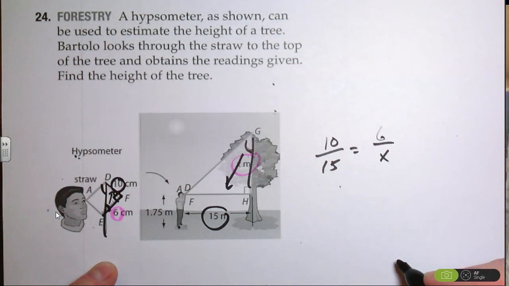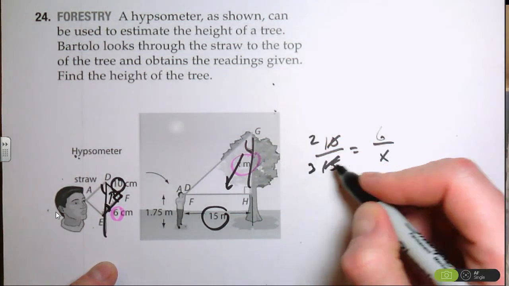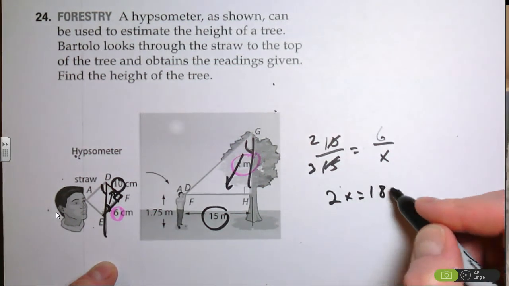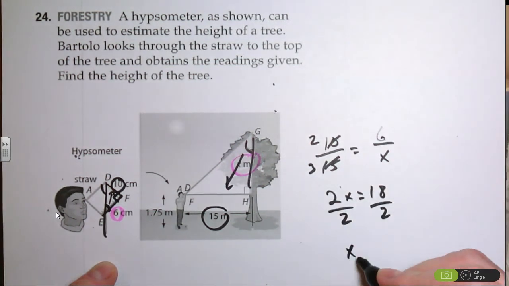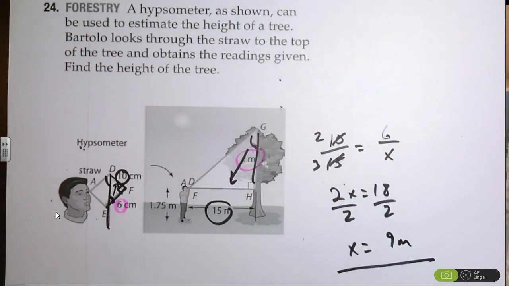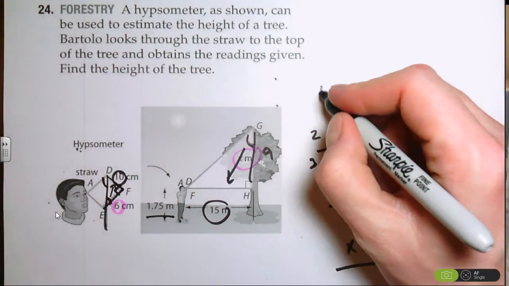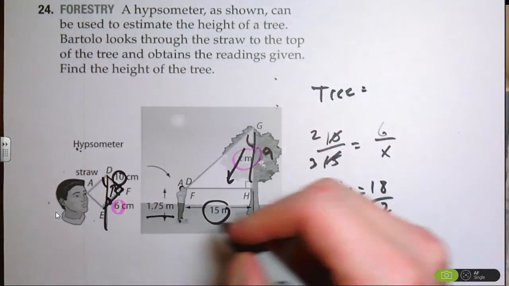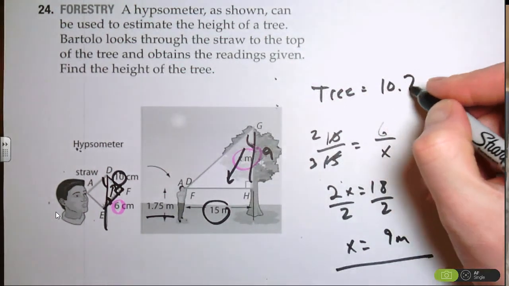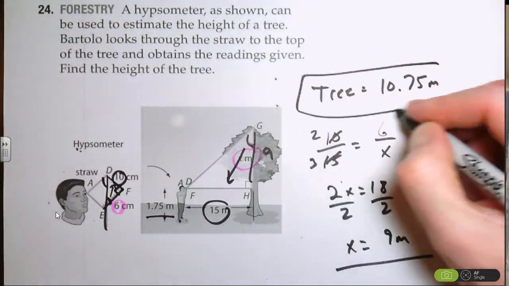And we can reduce this to 2/3. Gives me 2x equals 18. Divided by 2, x equals 9 meters. Now if you were to stop there, you'd be wrong. That's not the height of the tree. That's just this height right here, 9 meters. The actual height of the tree is 9 meters plus the 1.75 meters that is Bartolo. So the tree is 9 plus 1.75, so 10.75 meters.